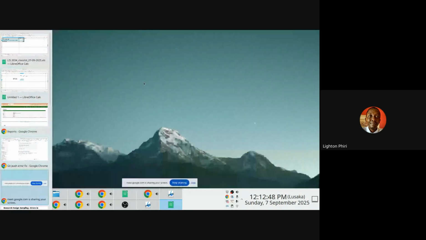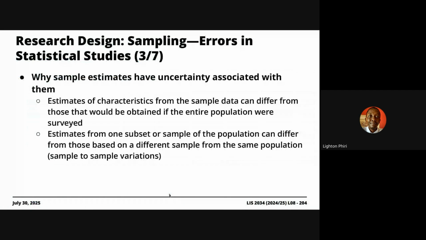Anyway, so there's that. And we see here that the other reason why sample estimates have uncertainty associated with them is that the estimates from one subset or sample of the population can differ from those based on a different sample from the same population. So in other words, uncertainty is introduced because, let's say I wanted to conduct a study with you guys.